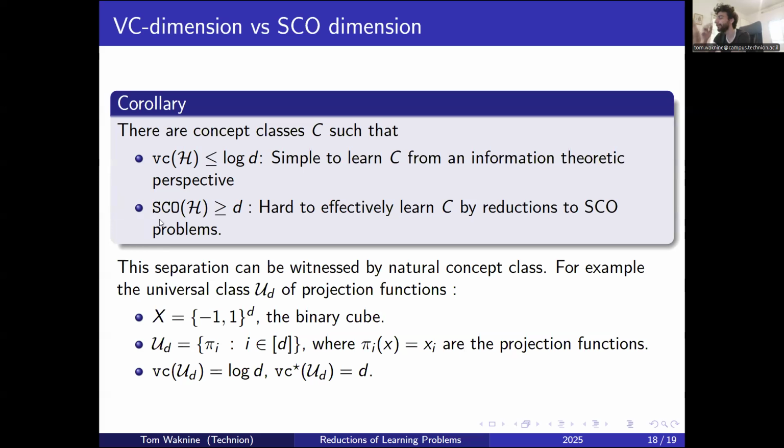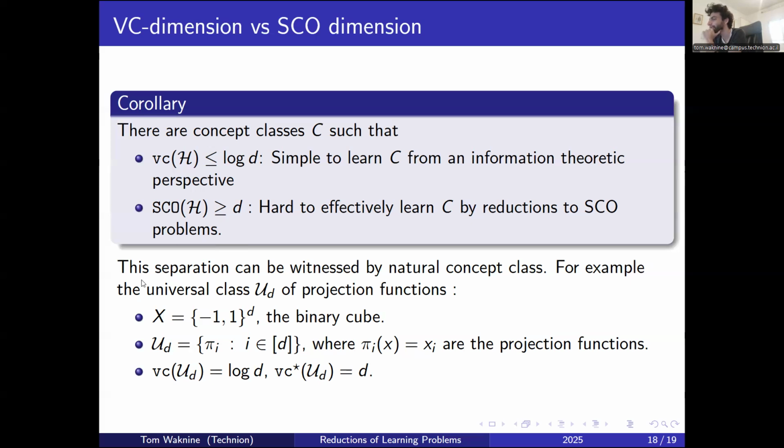So if I want to parameterize it, I need a lot of parameters. So I guess it shows you that there is another barrier besides the VC dimension of using this approach of parameterizing the problem.